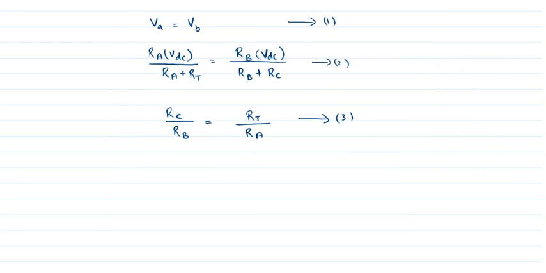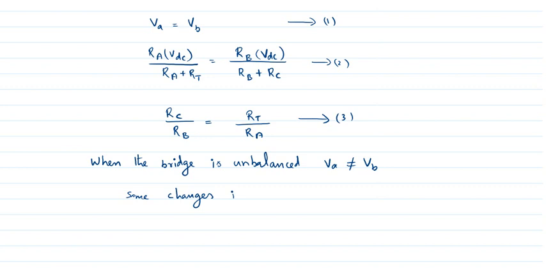When the bridge is unbalanced, VA is not equal to VB, because there are some changes in the transducer resistance, that is RT plus or minus delta R. Since RB and RC are fixed resistors, the voltage VB is constant.